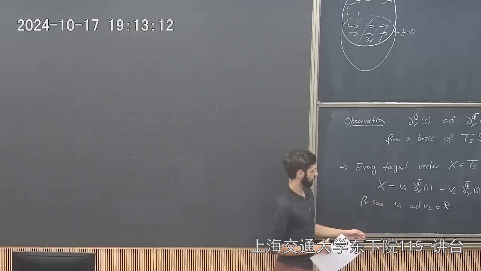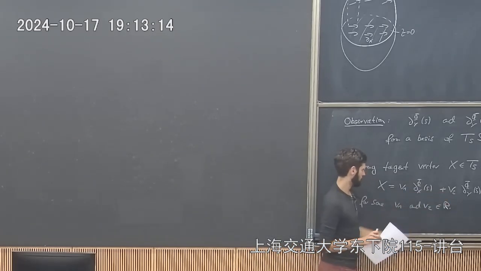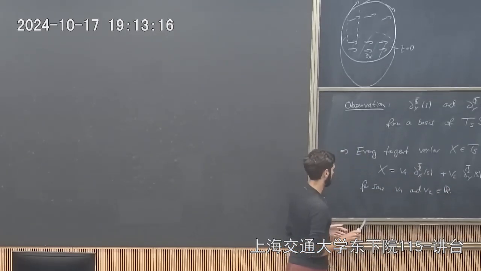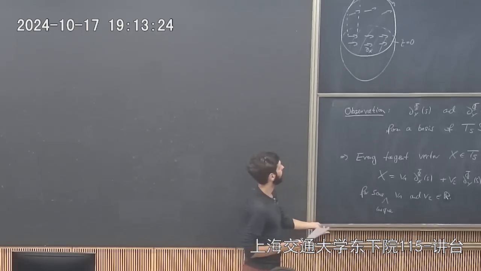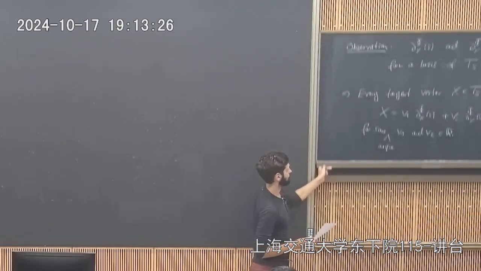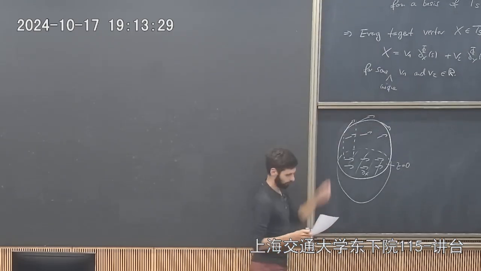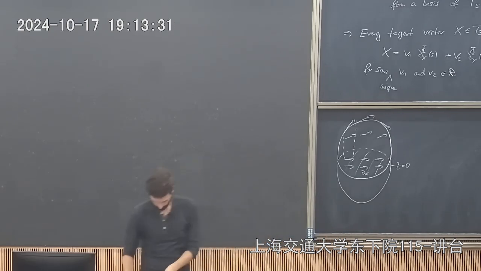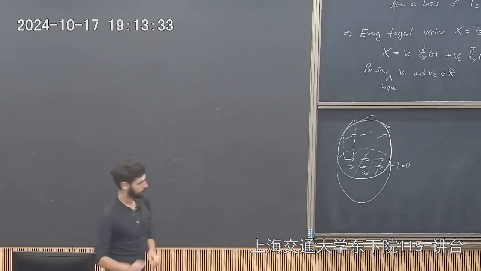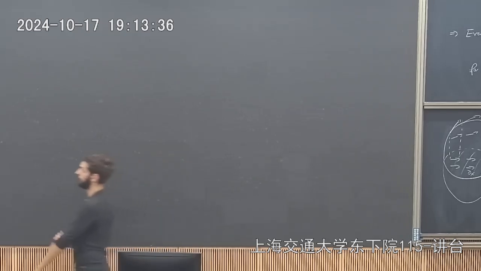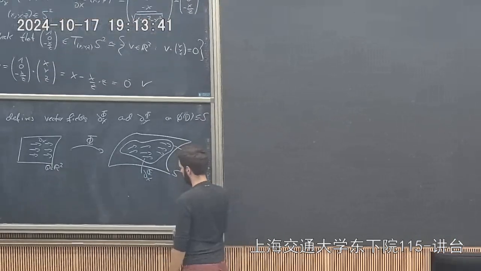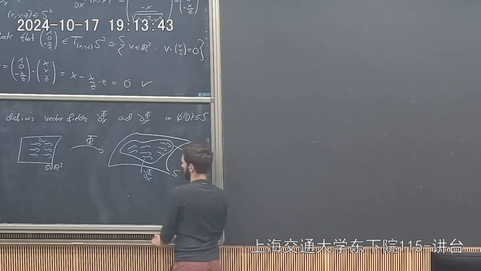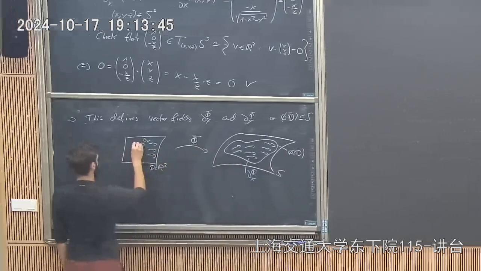And these are not only existing, they're actually unique also. So every vector can be represented now.